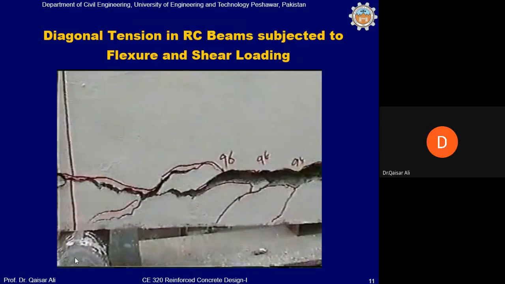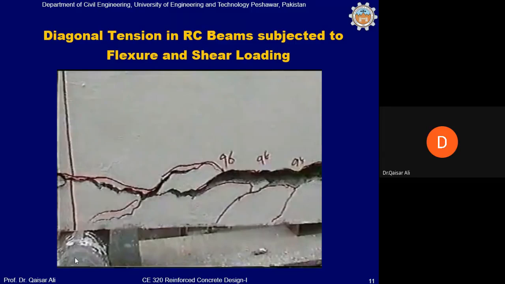In the case of flexure, concrete is not capable of resisting tensile stresses, and if you remember, we neglect the contribution of concrete in resisting tensile stresses, and the whole contribution comes from steel reinforcement.